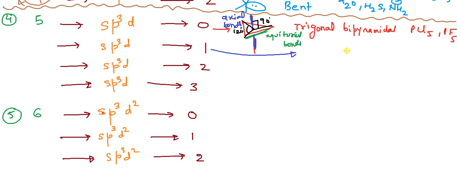Okay, so the structure will be very simple. The same, above and down, 1 lone pair in this plane. Okay, what kind of structure is it? It is simply a seesaw structure. Seesaw structure. An example is SF4.